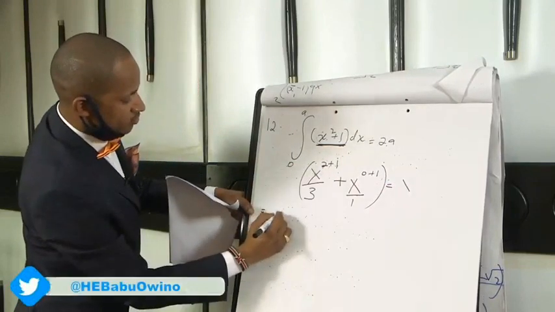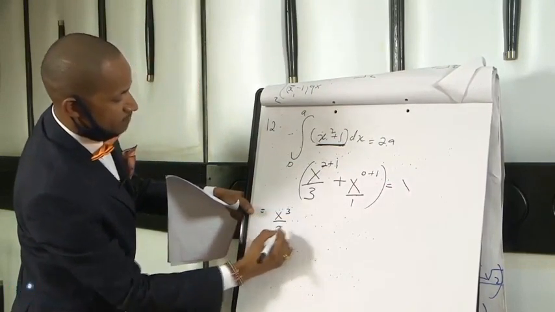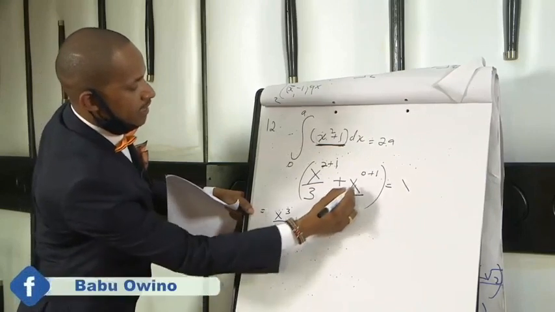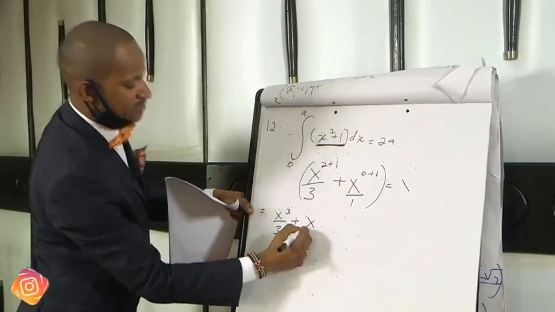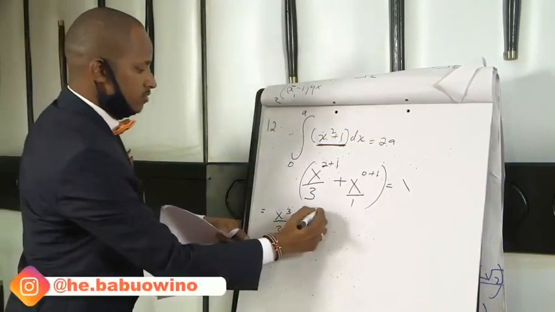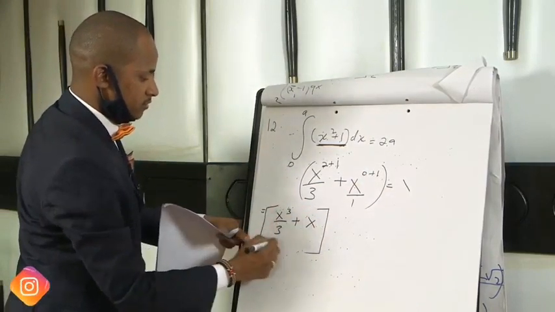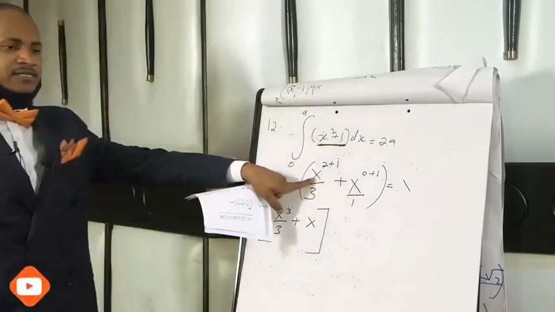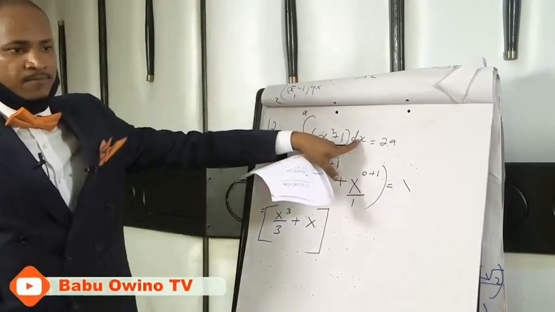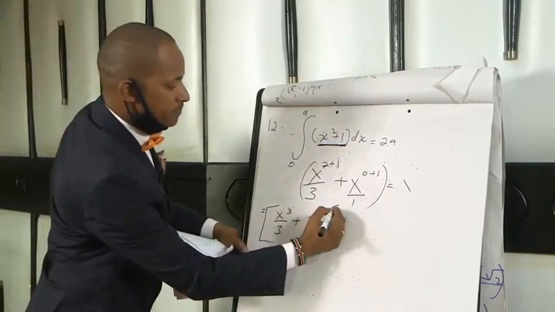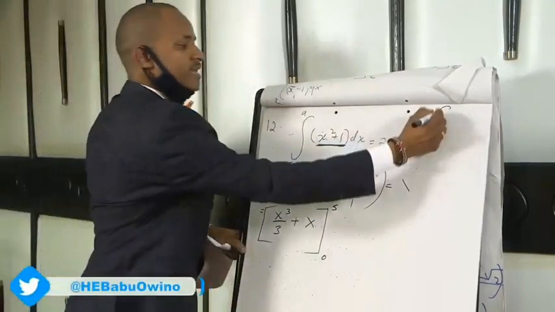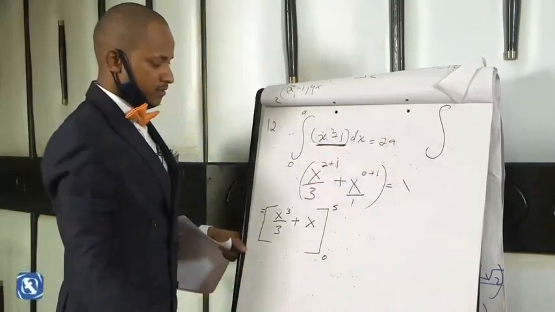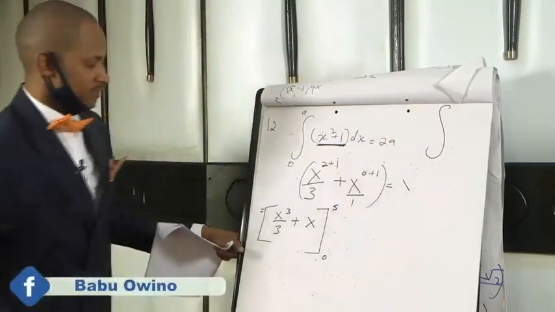This is x cubed divided by 3 plus x raised to power 1. 0 plus 1 is 1. x raised to power 1 is just x. So after integrating, you don't write dx. You just replace it with the limits, a and 0. And again, you don't write the integral sign because you've already integrated it.